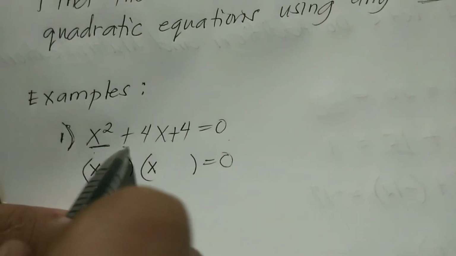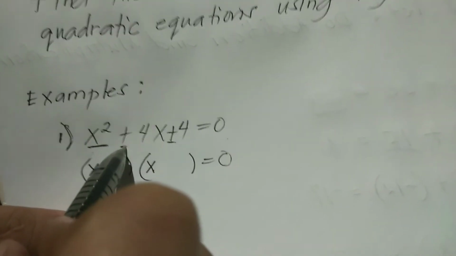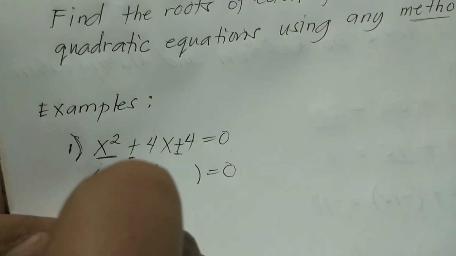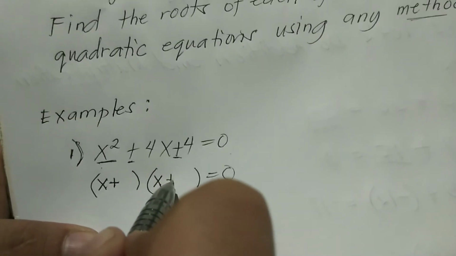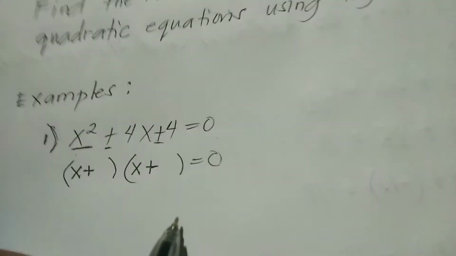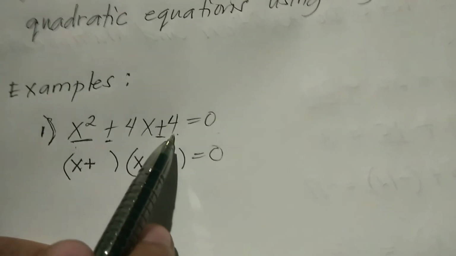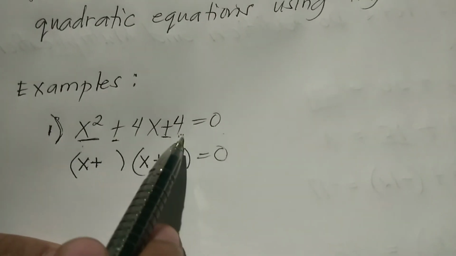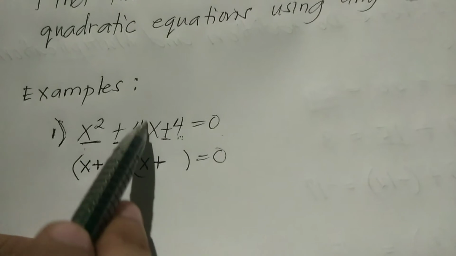And then, titignan ninyo yung sign ng last term and the second term. Para silang positive. So, ang ilalagay ko dito sa operation nila, dito sa gitna, is parehong positive. And then, hanapin nyo po yung factors ng positive 4. Yung factors niya, pag pinag-add nyo, ang sagot ay positive 4, yung nasa gitna na term.